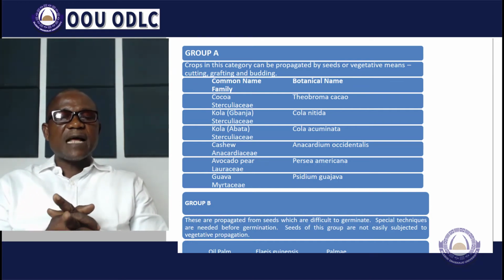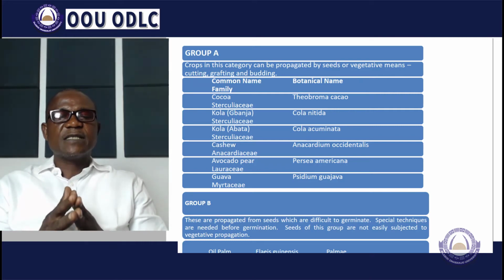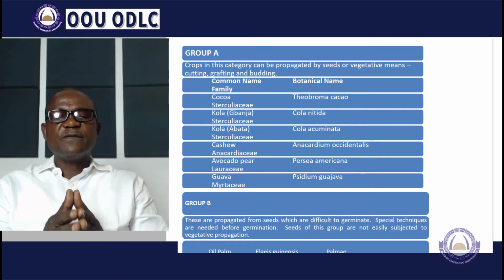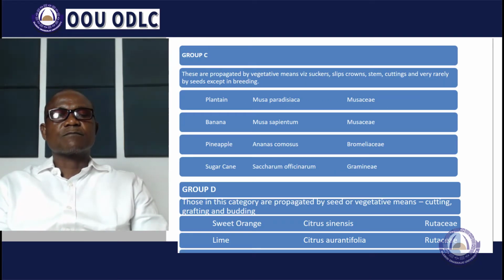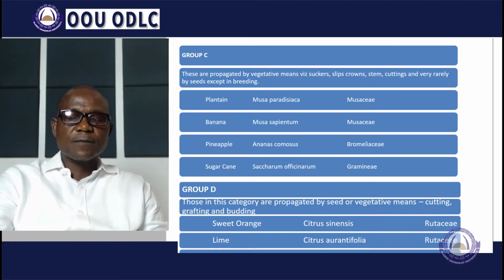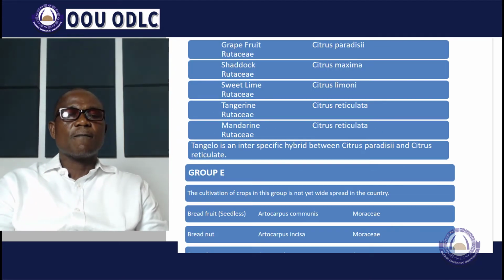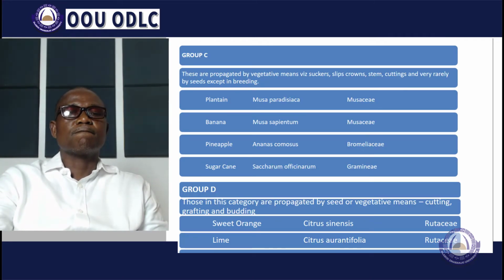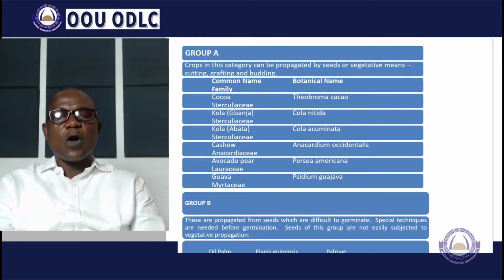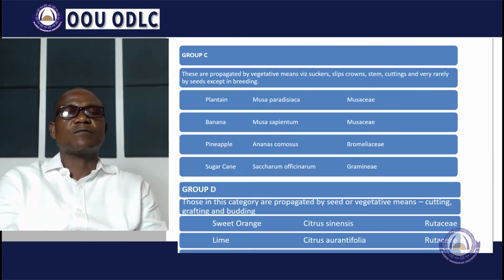Group B, these are crops that are propagated from seeds which are difficult to germinate. Special techniques are needed before germination. Seeds of this group are not easily subjected to vegetative propagation. Examples here include oil palm and coconut.